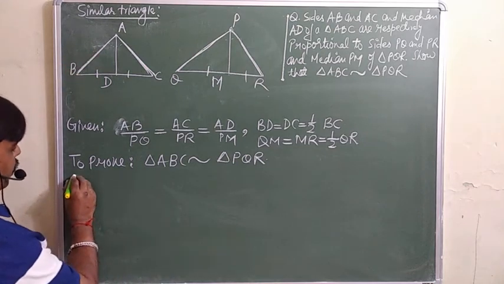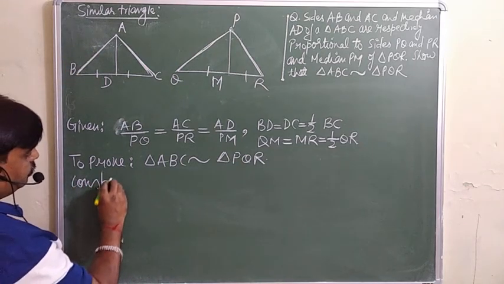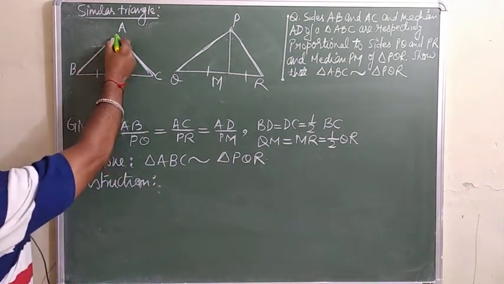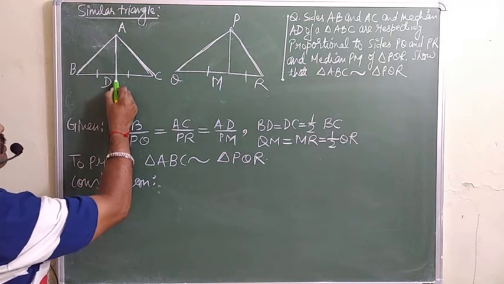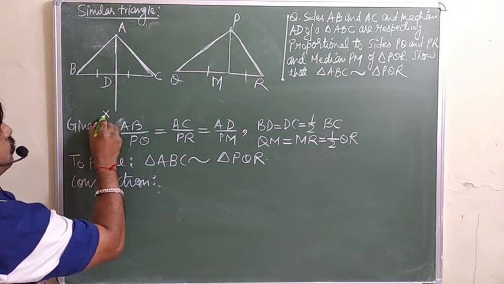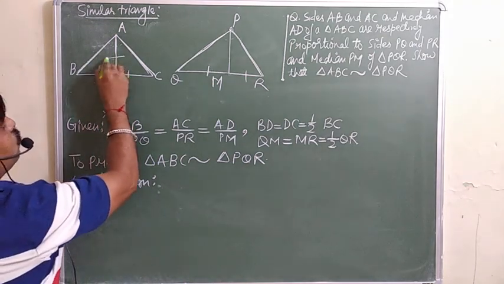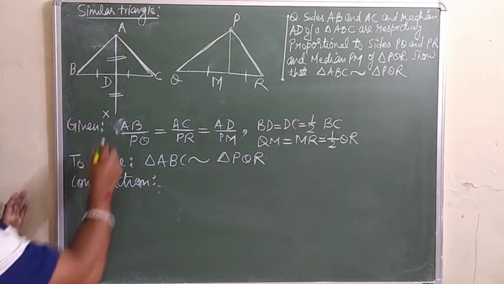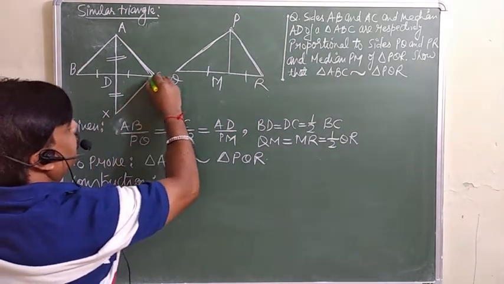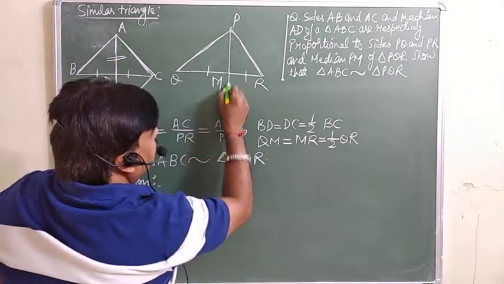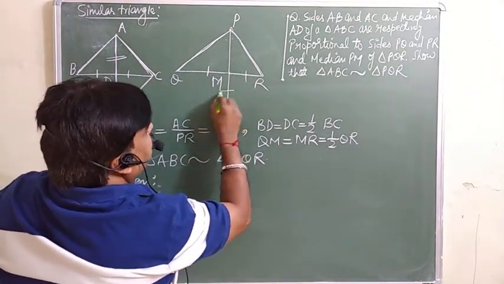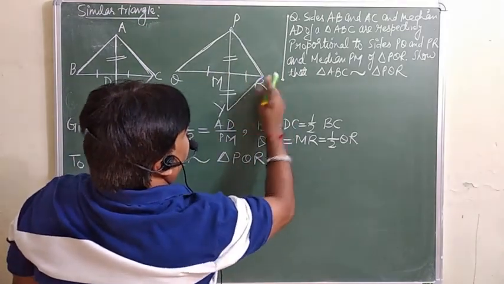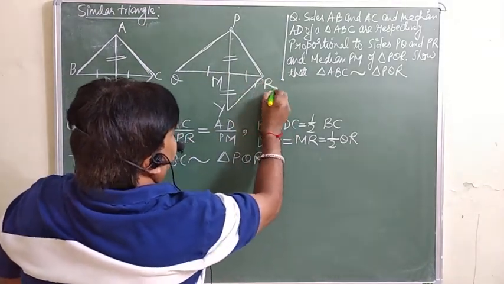So here you require a construction. In the construction, what will we do? We will extend this AD to a point, suppose X, such that AD is equal to DX, and join XC. Similarly here, you can take Y, such that this length PM must be equal to MY, and join YR.